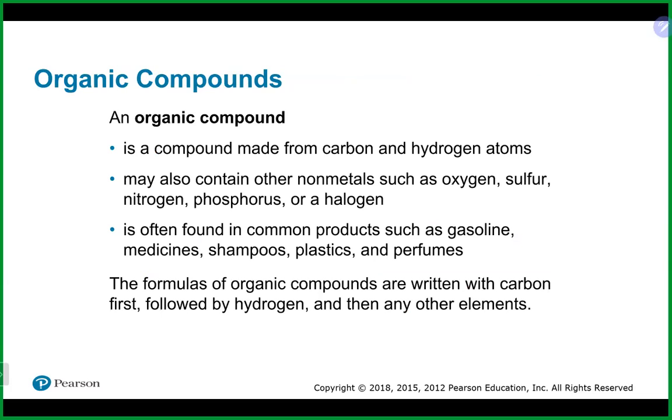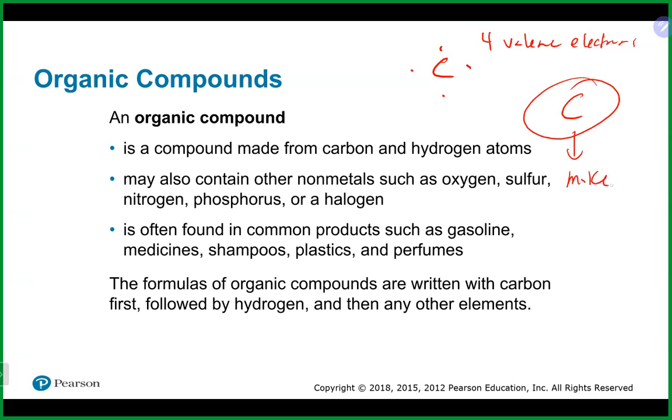Organic compounds are all about carbon, and it's really important when we talk about carbon. Carbon has 4 valence electrons. The most important thing to keep in mind as you go through organic chemistry is that carbon wants to make 4 bonds. Carbon needs 4 bonds to reach the octet rule, like we talked about with bonding.